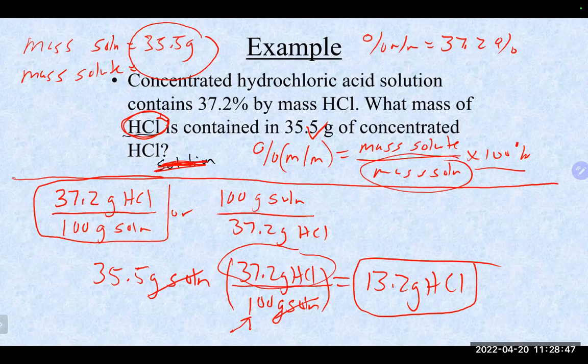So there are some other percent concentrations that you sometimes come across in addition to mass to mass percent, and let's just talk about some of those as well. There's one that deals with volume, and one that deals with mass and volume.